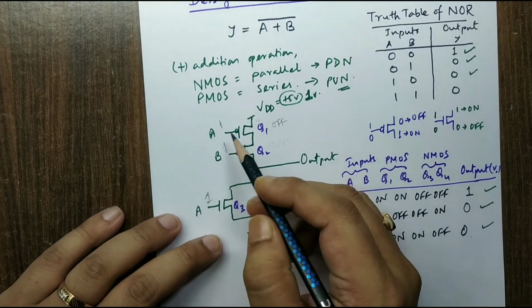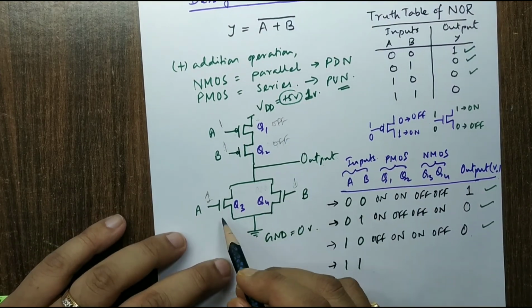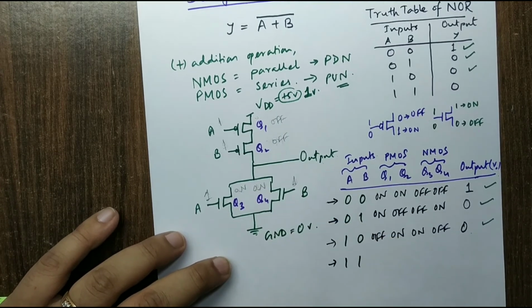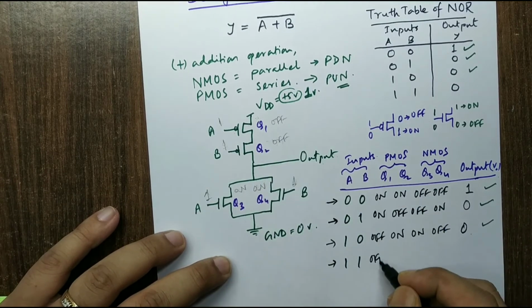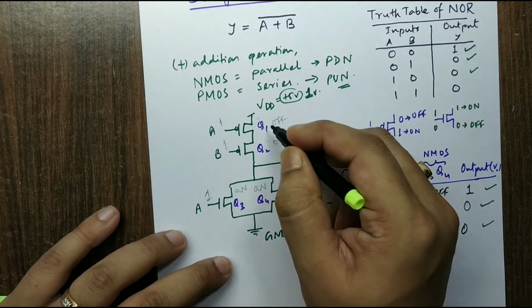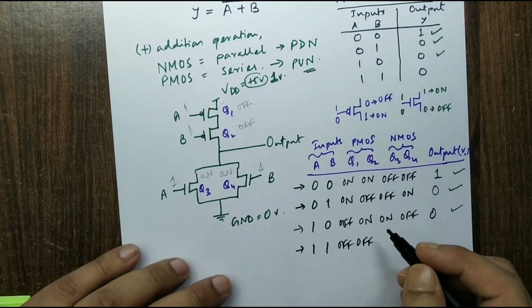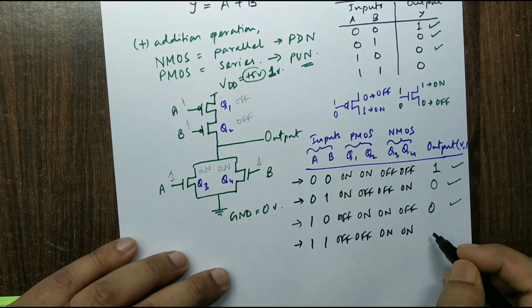For this one, this is off, and this one is off. For this one, this is on, and for this one, this is on. So my whole upper network is gone now. Q1 and Q2 both are turned off, whereas Q3 and Q4 both are turned on.